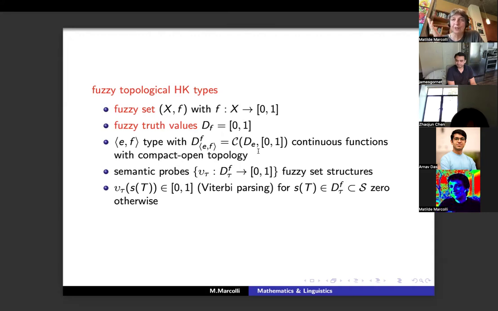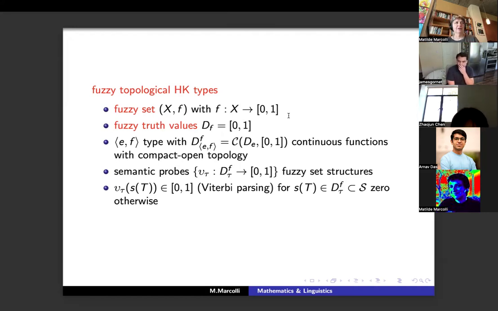And then this assignment of truth values becomes a fuzzy structure. So a fuzzy set is by definition a set endowed with a function from the set to the interval 0, 1, which is usually interpreted as some kind of degree of belonging of a point to the set, right?